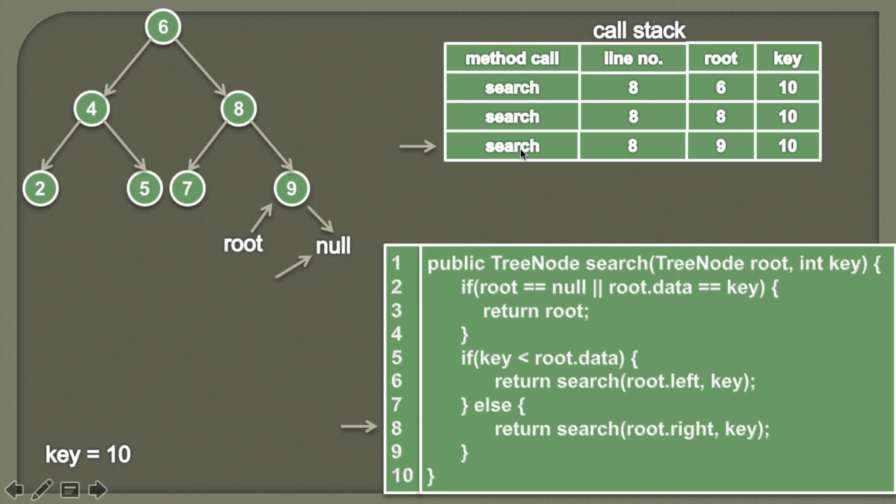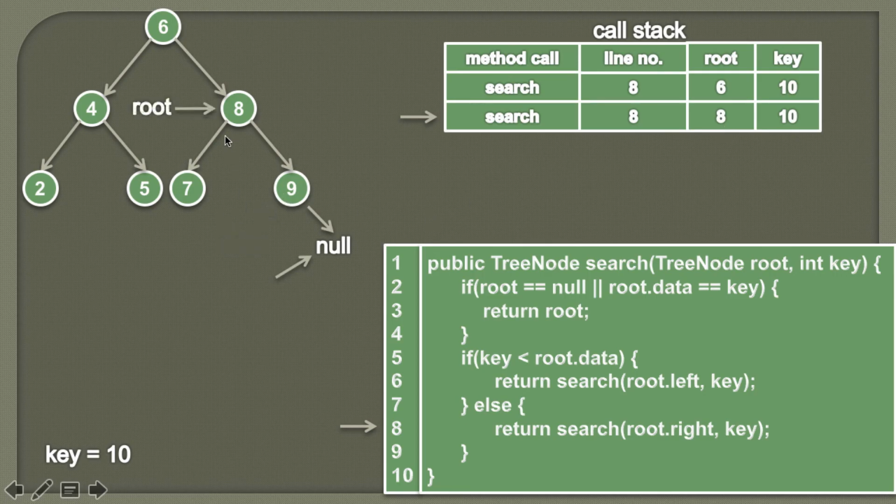So it will be removed from the call stack and the execution point will reach to this search method, and we'll start our execution from line number 8. And when we had left this search method, root was pointing to 8. So now root will point to 8. And also friends, from this search method we'll simply return the null value.